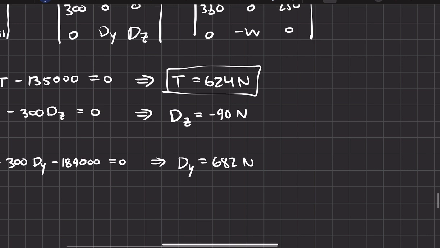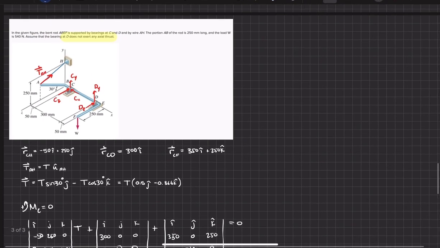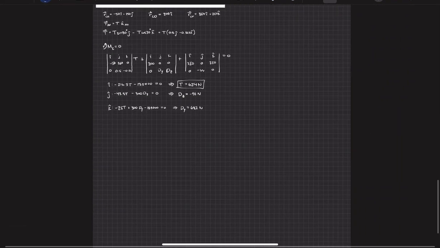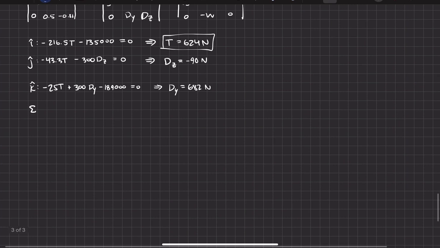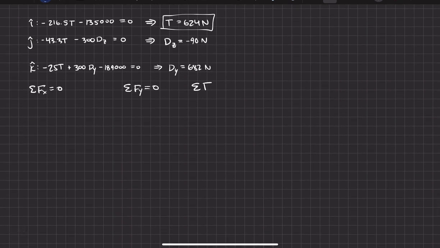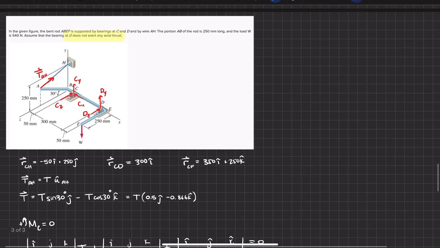Now that we have our D components, we can just make a sum of forces in x equation. I'll write that down here, where we have F of x equal to 0. We can also do the same for y, and we can do the same for z. We know this value, we know this value, and we know all of our tension values and the weight.